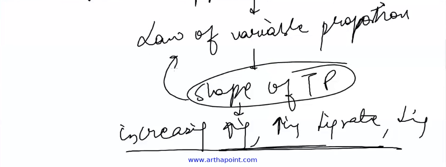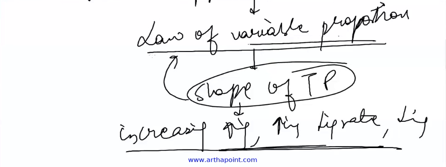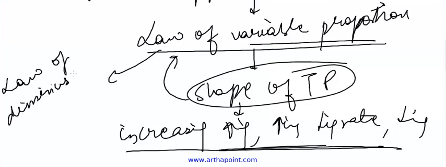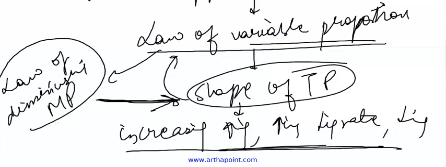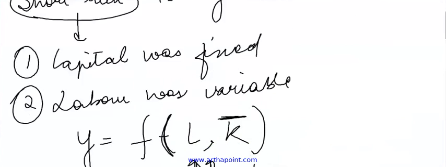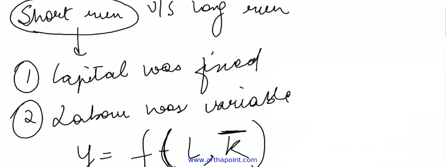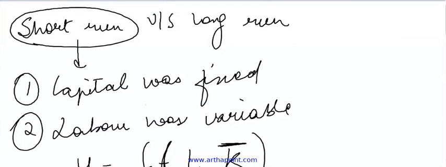And the law of variable proportion was due to the law of diminishing marginal product. So basically, in the short run, I was fluctuating my labor and keeping the capital constant, because there were things which were fixed and there were things which were variable.